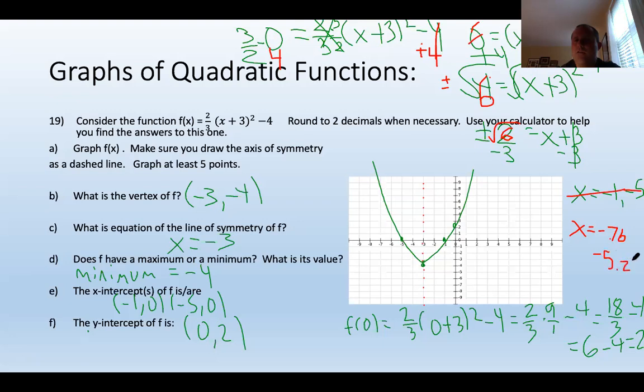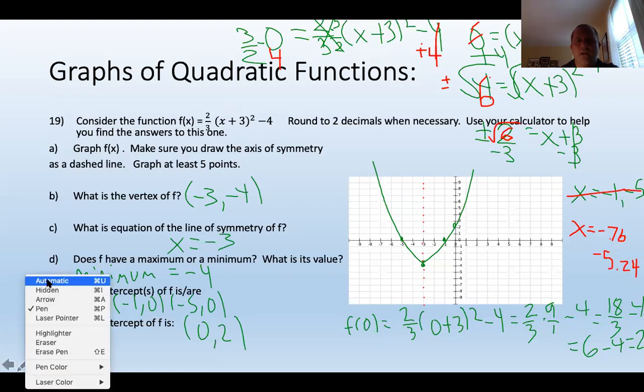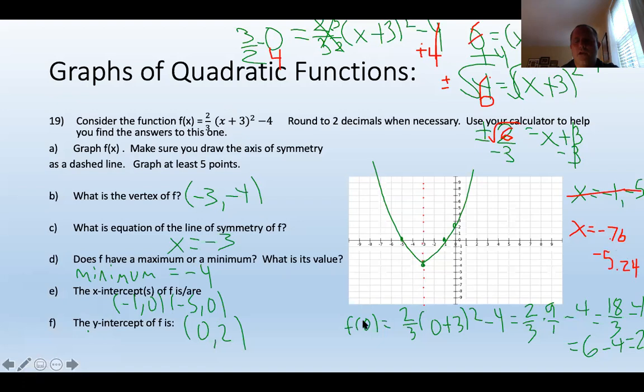Now the y-intercept, though, is what you get when you plug 0 in for x. So if you plug 0 in for x here, so I did that over in this area right here, you find f of 0, that equals 2/3 times 0 plus 3 squared minus 4.